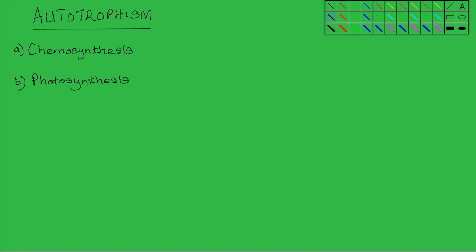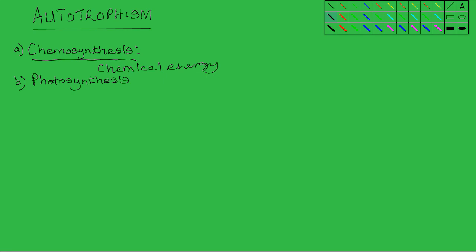Now, just to contrast the two, and distinguish them. Photosynthesis is the synthesis of complex food substances from carbon dioxide and water using light energy. So in photosynthesis, the type of energy used is light energy, whereas in chemosynthesis, the energy that is used is chemical.